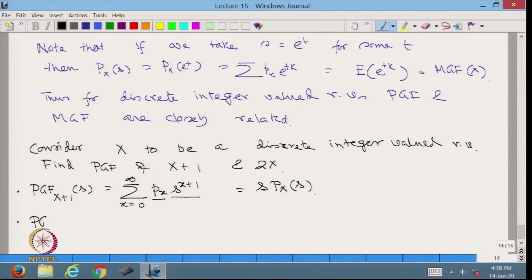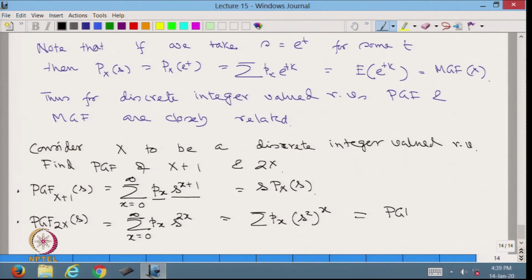PGF of 2x at a point s is equal to sigma x is equal to 0 to infinity p_x into s to the power 2x is equal to sigma p_x into s square whole to the power x is equal to PGF of x at the point s square.